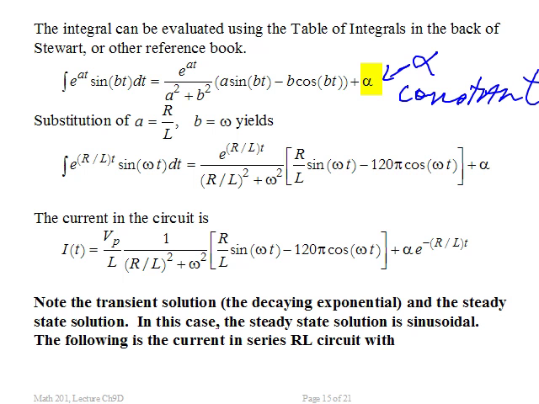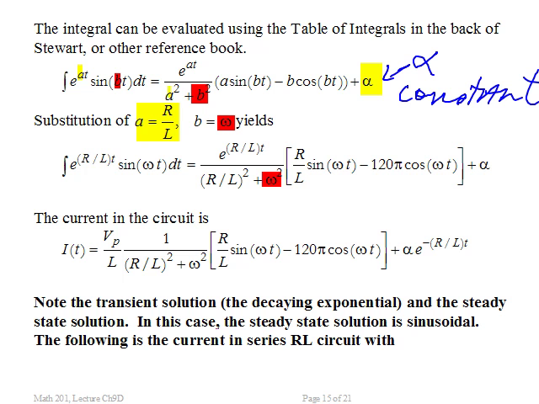In our case, this a here is R over L, and the b is omega. So I can just substitute that in. So this is the integral I want, e to the R over L t times the sine of omega t, and I get e to the R over L t, and I get this denominator. You can see where those terms come from. Here's your b, the b is omega, here's your omega squared.